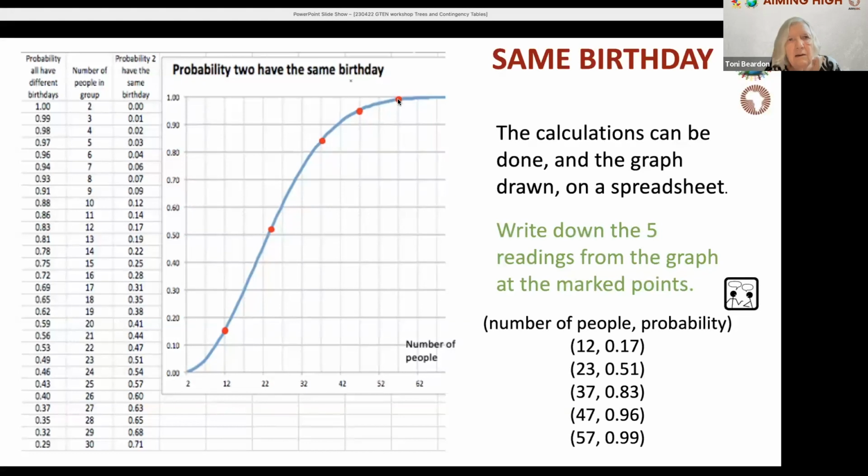And so although there are 366 possible birthdays, this is why it's quite surprising that it's almost certain that if you have 57 or 60 people, there will be 2 with the same birthday.